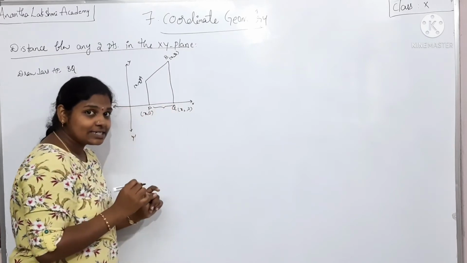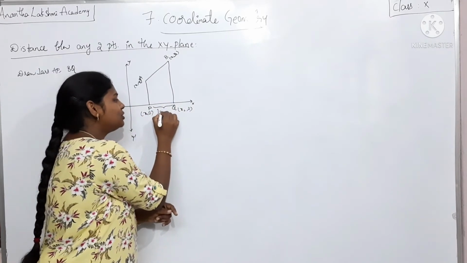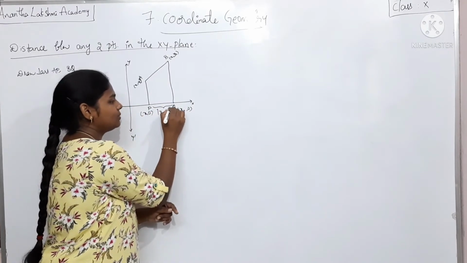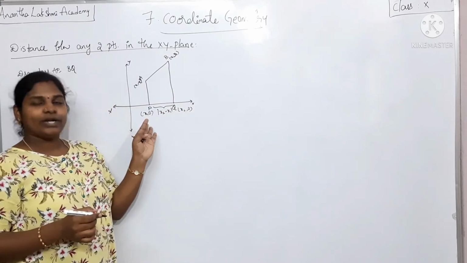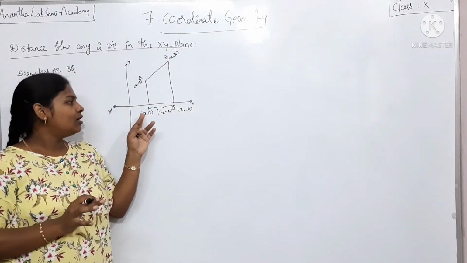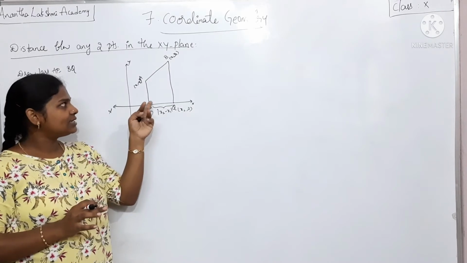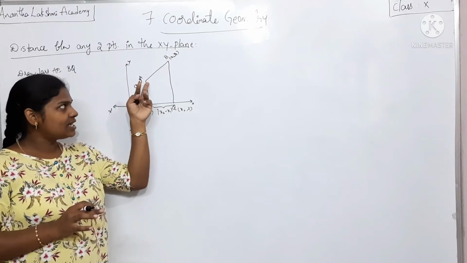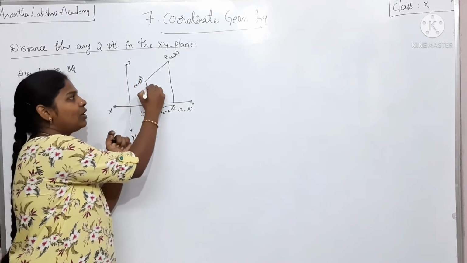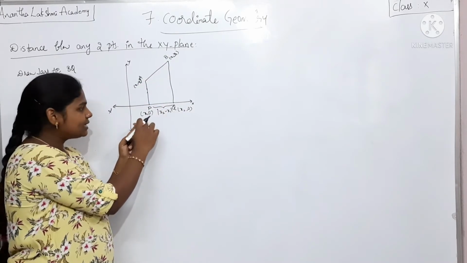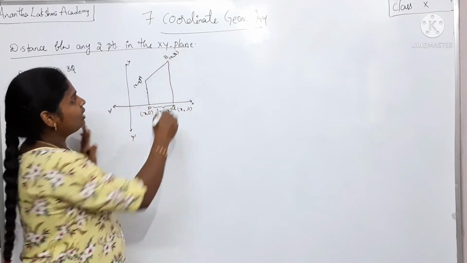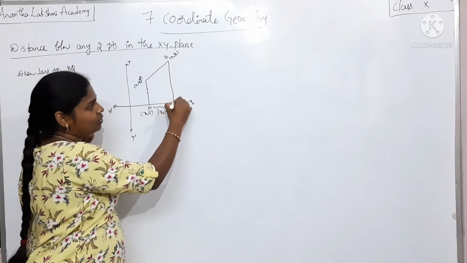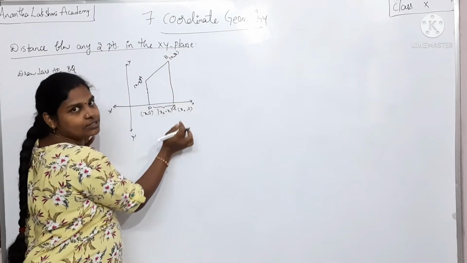Likewise, this distance is going to be what we have learned, modulus of x2 minus x1. A point on the x-axis is x comma 0. How did I take x1? Because this point is directly aligned with the point A, isn't it? That's the reason I took x1. Here also, when you draw a perpendicular onto the x-axis, it is just the same x coordinate.